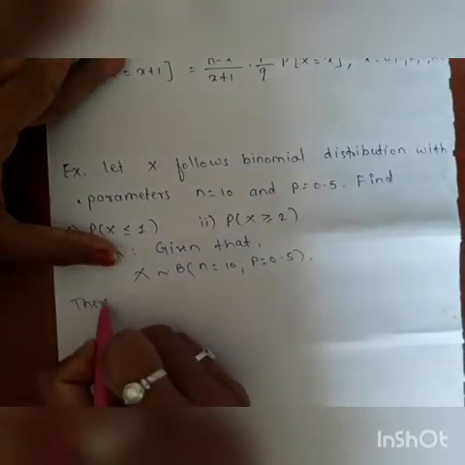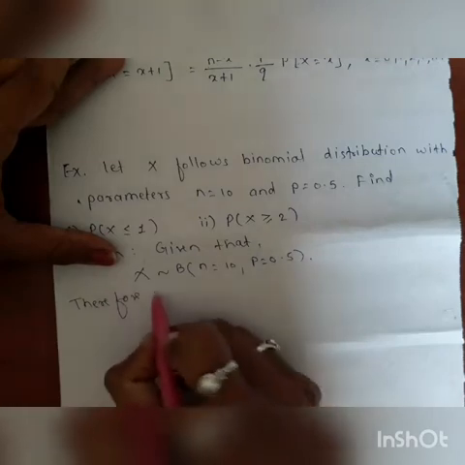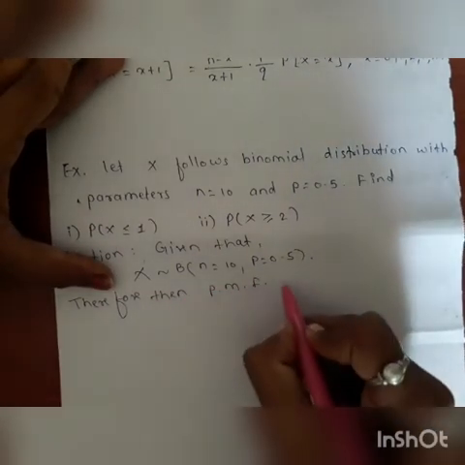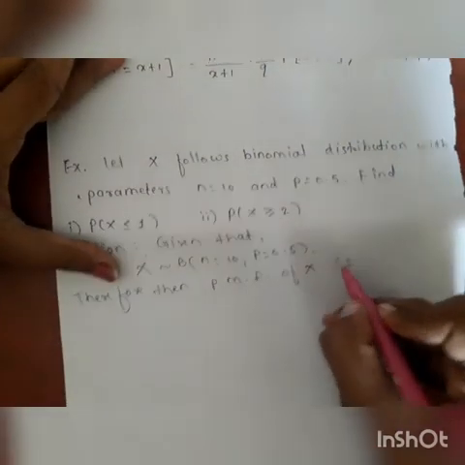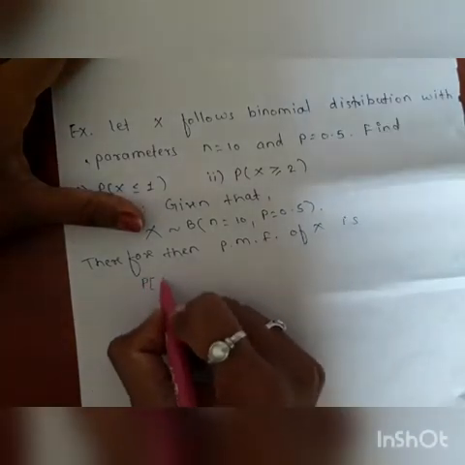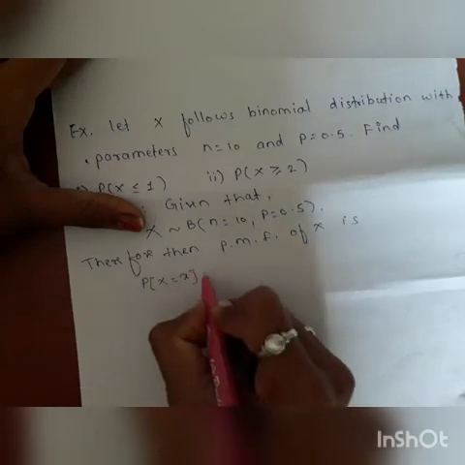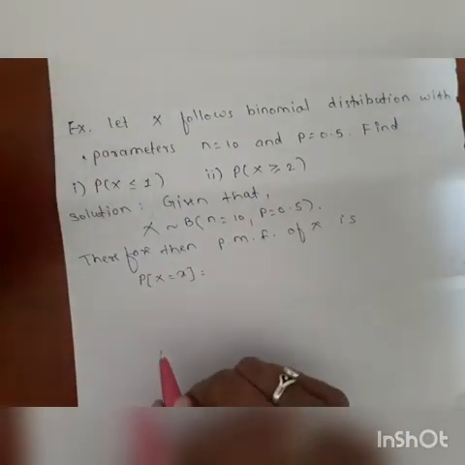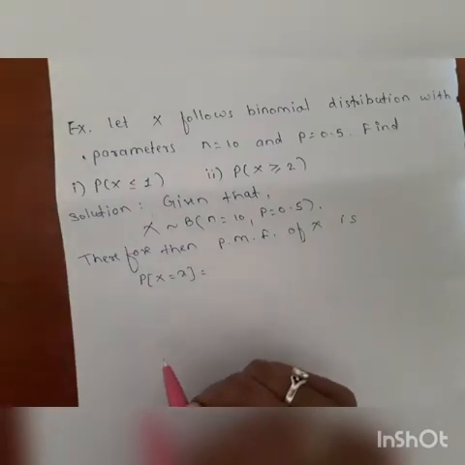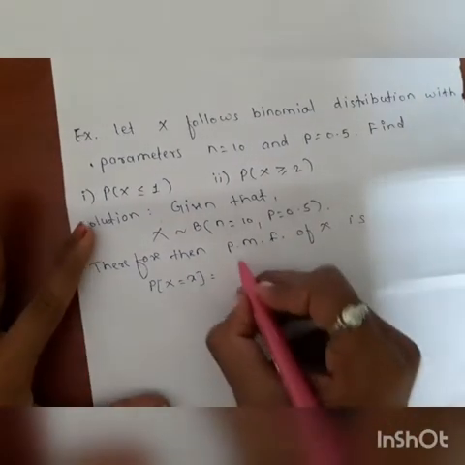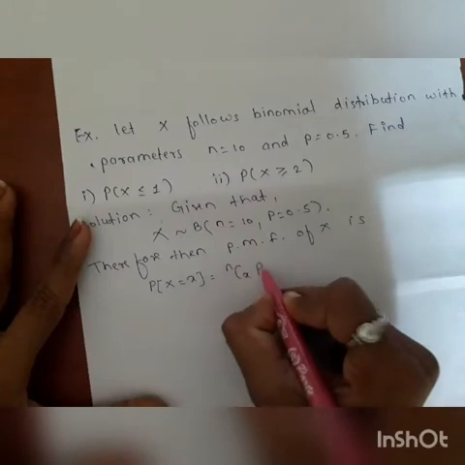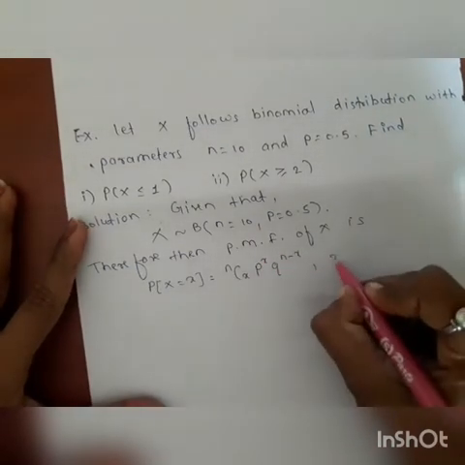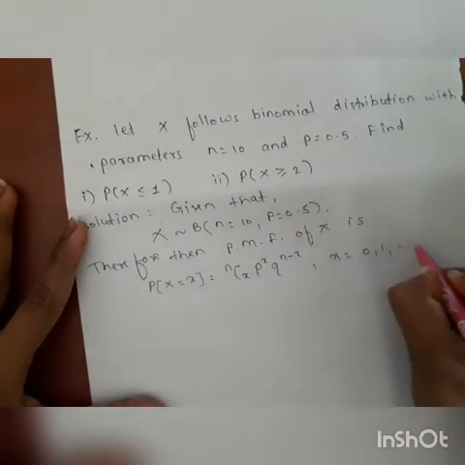Therefore, the PMF, that is, the probability mass function of X, is P(X equal to x), which is equal to nCx p raised to x into q raised to n minus x, where x is running from 0, 1, 2 up to n.